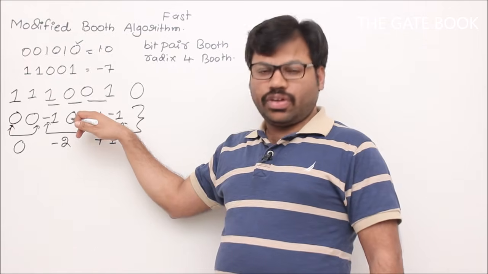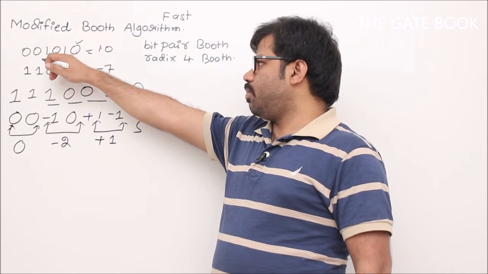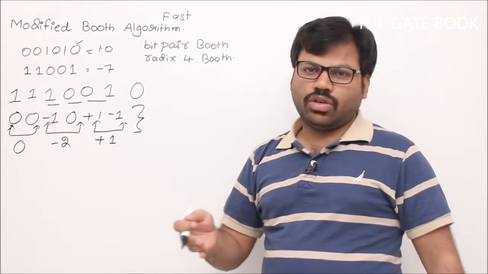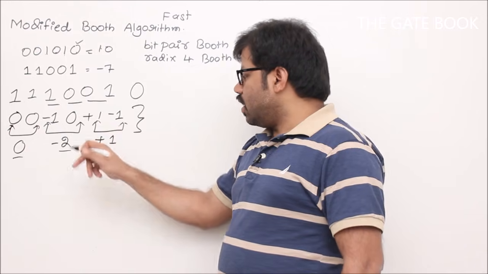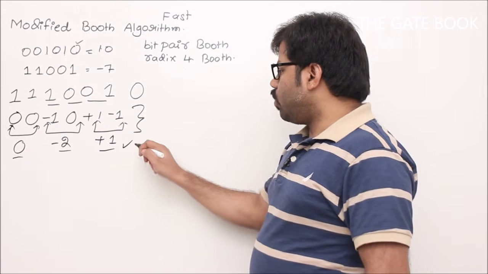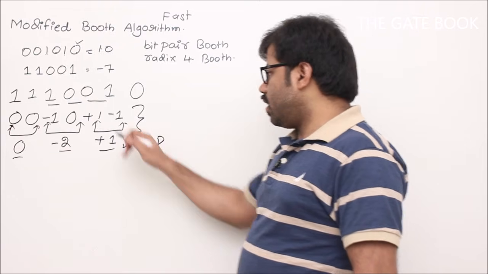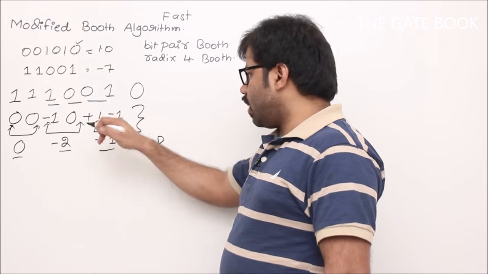So what is the meaning of doing plus 1? Doing plus 1 is nothing but multiplying this 0 0 1 0 1 0 with 1, right? Then again you get 0 0 1 0 1 0. You know all that process, right? Now here, what this 0 minus 2 1 means, I will tell you. Plus 1 means we have to do the add operation as usual, like plus 1 in the Booth algorithm.